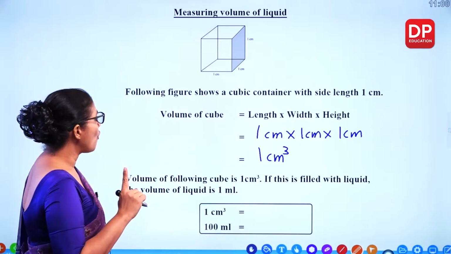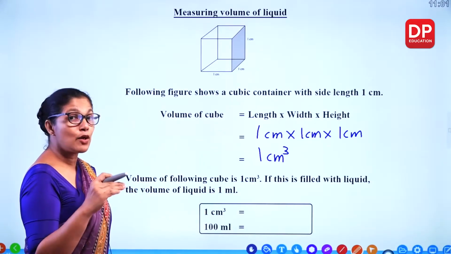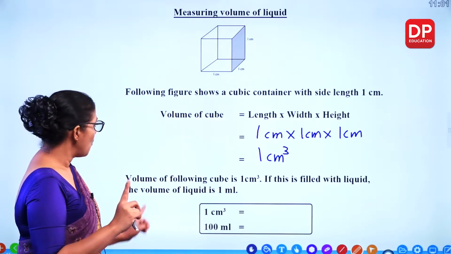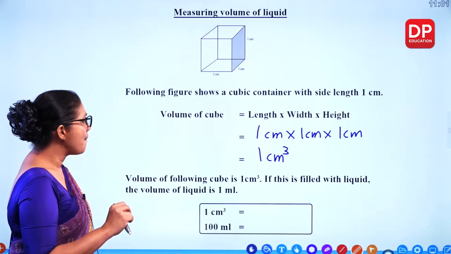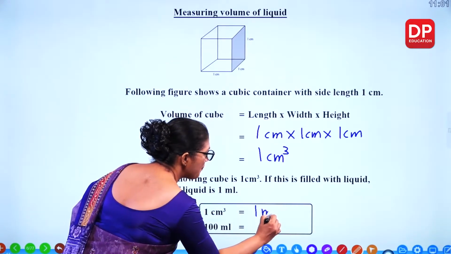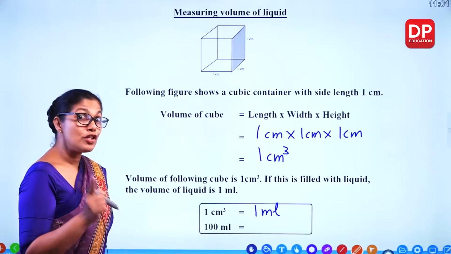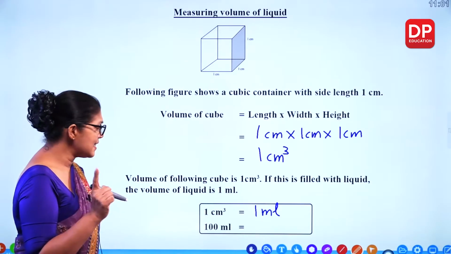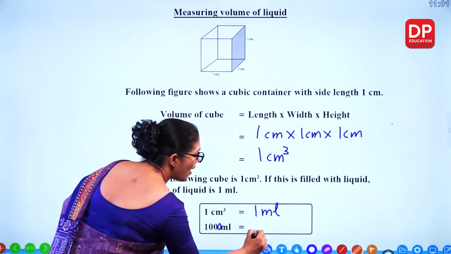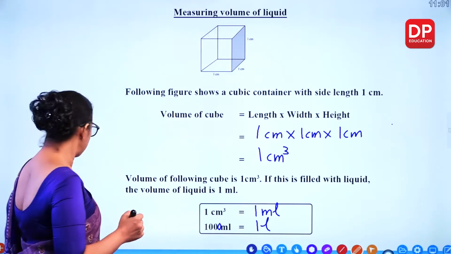If this is filled with liquid up to the maximum, we say the volume of liquid is 1 milliliter. So 1 cubic centimeter is 1 milliliter. Then what's the conversion between milliliters and liters? 1000 milliliters is 1 liter. You need to know these conversions.